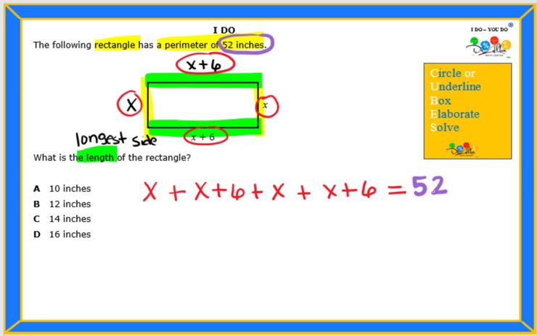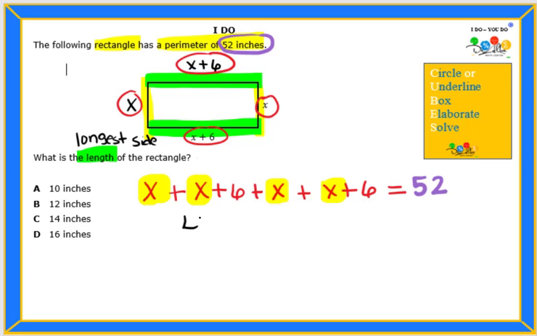That was the perimeter. Now this has a lot of different things going on, but we can simplify it by combining like terms. So I'm going to get all of my x's and put them together. I have 1, 2, 3, 4 x's.